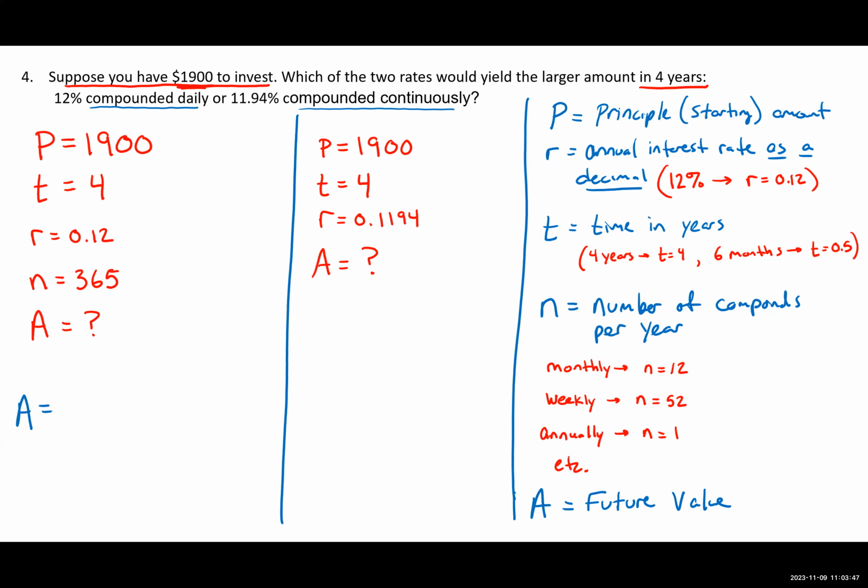So for compound interest, over here on the left, we've got 5 letters, and they're all related to each other. How much you start with, how long the money sits there, what the interest rate is, how many times a year interest is being calculated, what the final value is. All these values are connected.